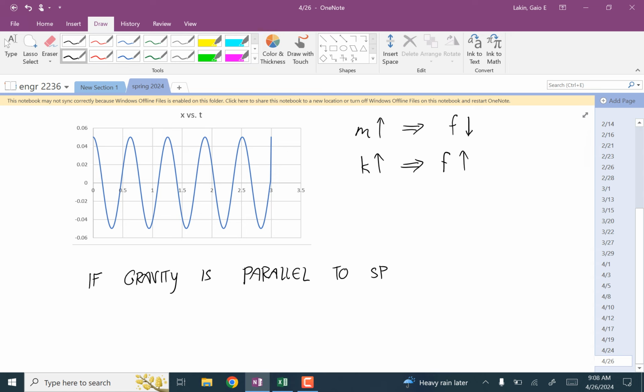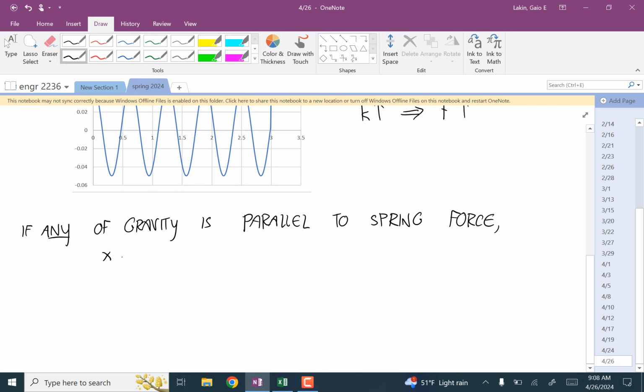If any component of the weight force is parallel to the spring force, x equals 0 means the hanging equilibrium position.